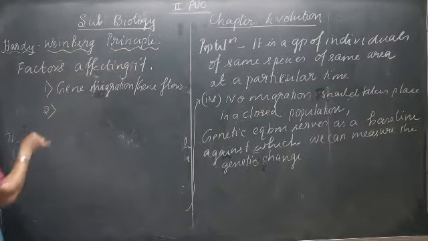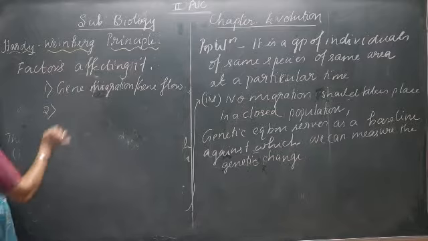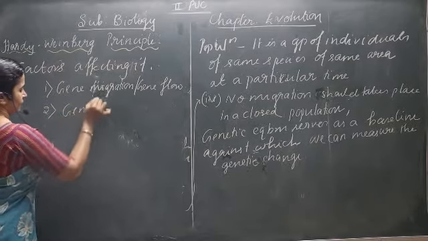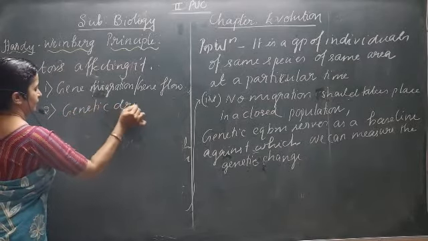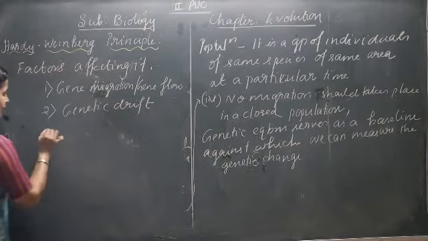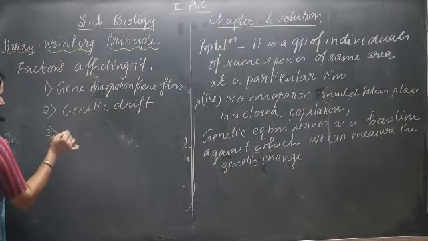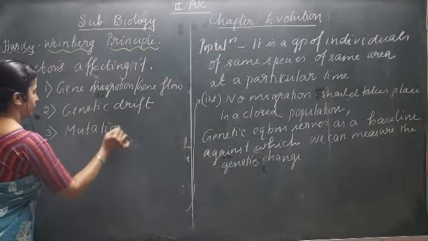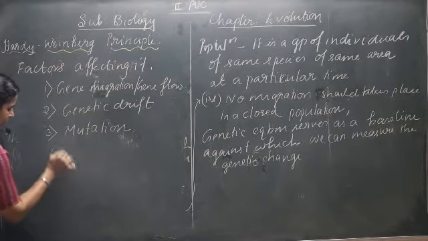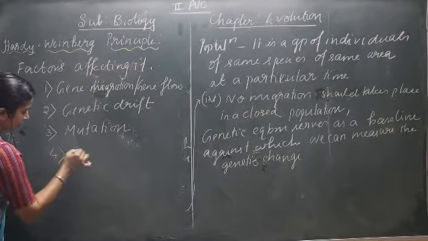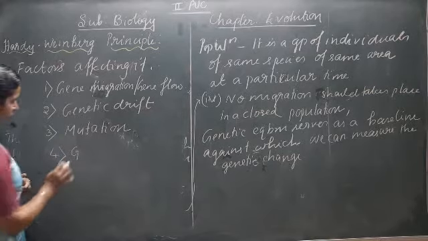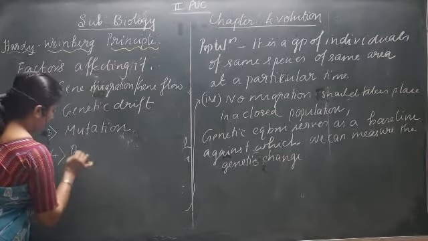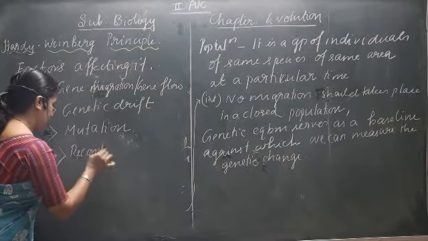Then the second factor is genetic drift. The third factor is mutation. The fourth factor is recombination, or genetic recombination. We can mention just recombination also.